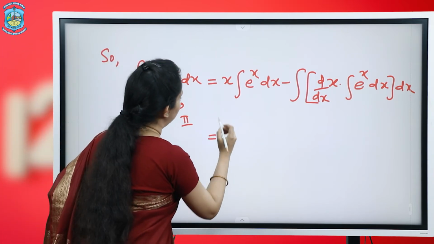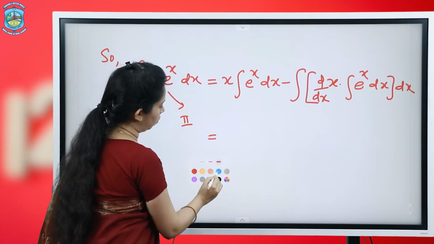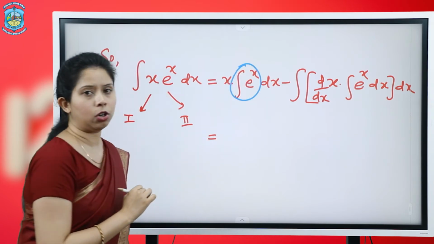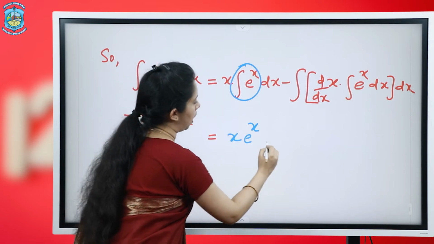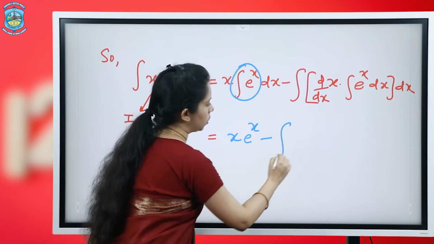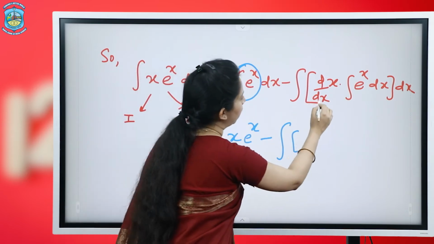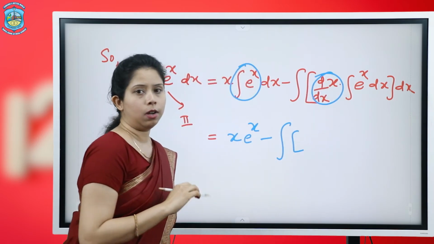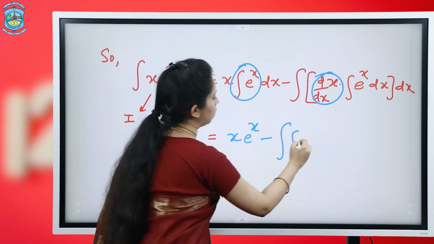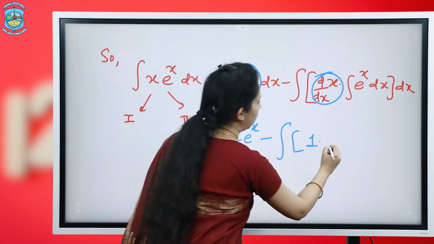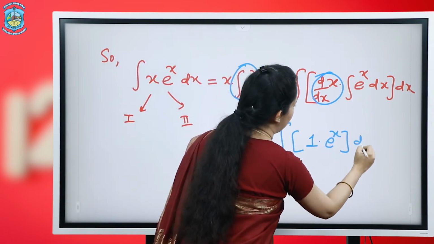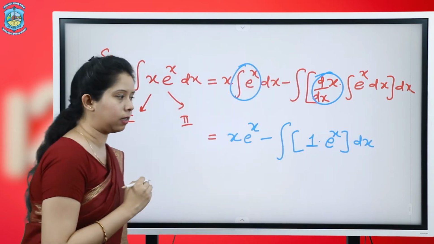As we know, integration of e raised to the power x is e raised to the power x. So that will become x e raised to the power x minus whole integration of, within square bracket, differentiation of first. We know that differentiation of x with respect to x is 1, multiplied by integration of second. Integration of e raised to the power x is e raised to the power x.